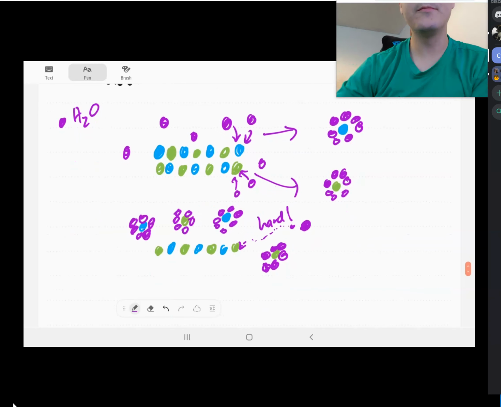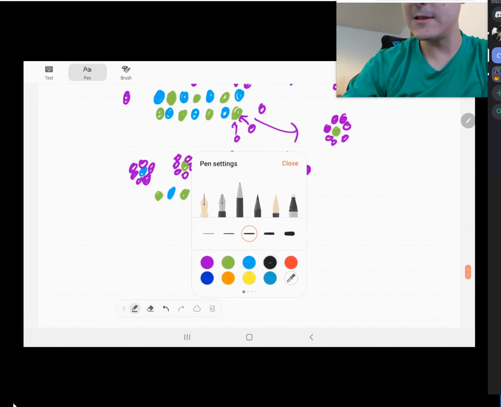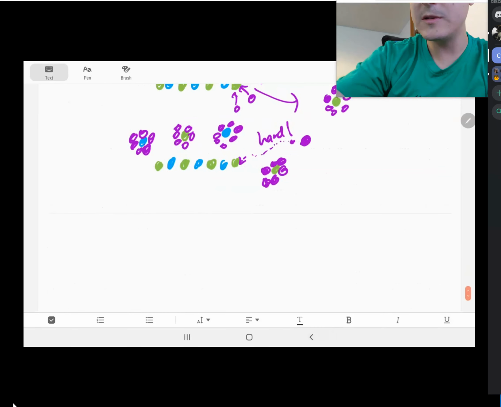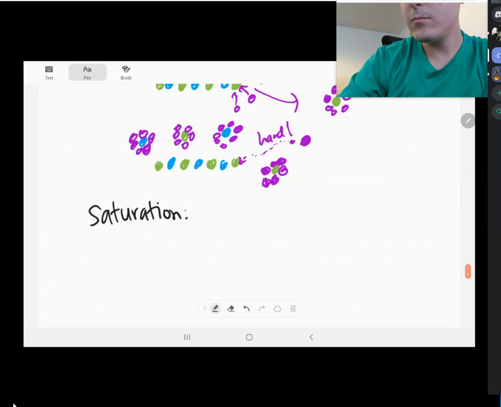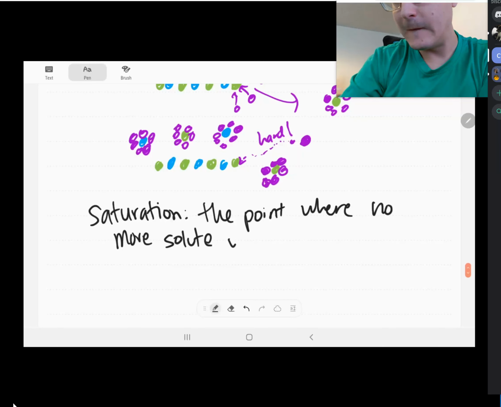Alrighty, so we have more definitions here. Since I kind of mentioned one, we have what's called saturation, which is the point where no more solute will dissolve in the solvent.